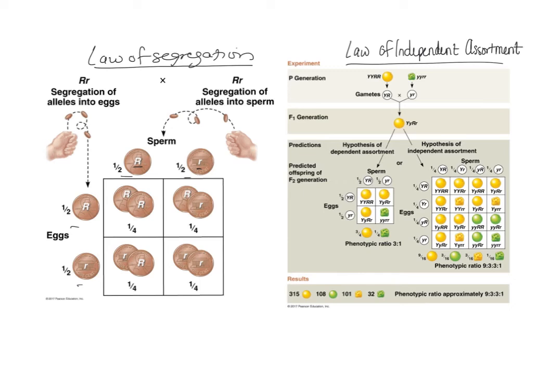And so this was the idea that heritable factors independently assort into the gametes and are inherited independent of each other, right?